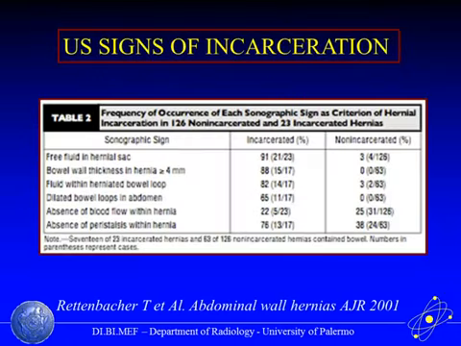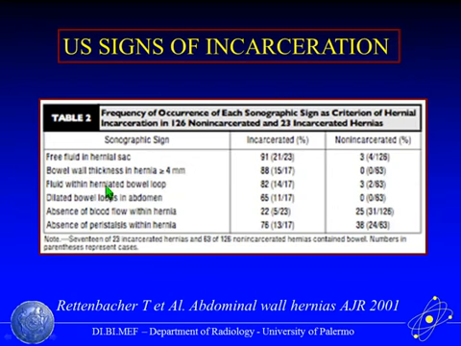This is a table showing the frequency of ultrasound signs of incarceration by Rettenbacher, and we can see that the most important sign of incarceration is the presence of free fluid in the hernial sac. Other signs are the thickening of the bowel wall, especially if the thickness is more than 4 millimeters.